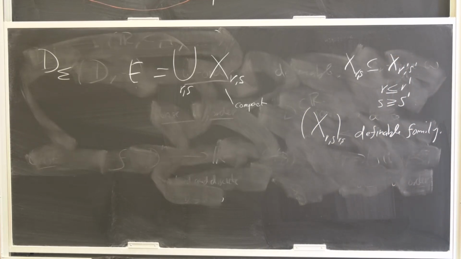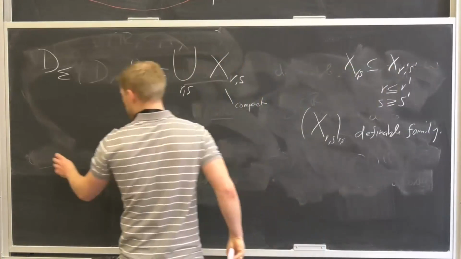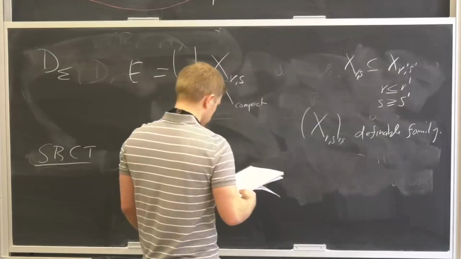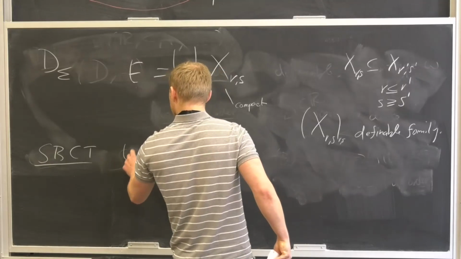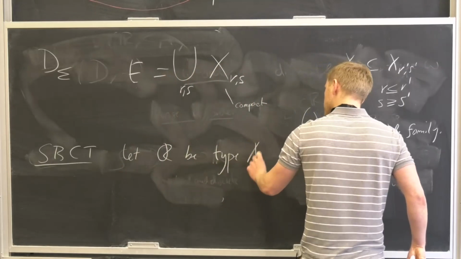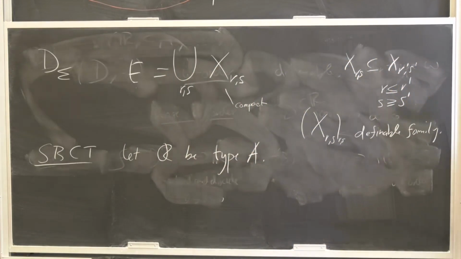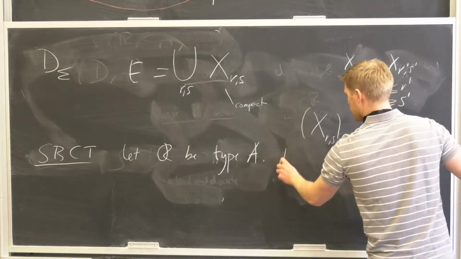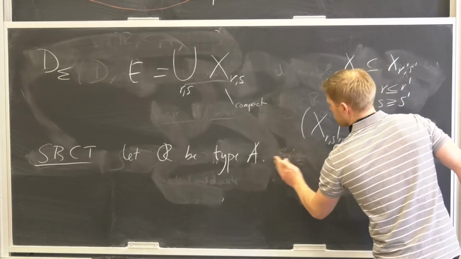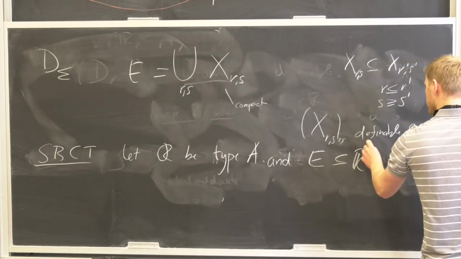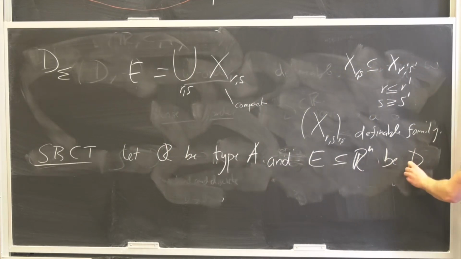And so the theorem that we have, that makes everything work, which I mentioned already, is a strong Baire category theorem, which now says: let R be type A, and let E be a subset of R^n that is d-sigma.